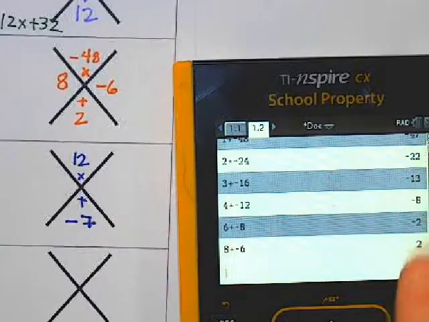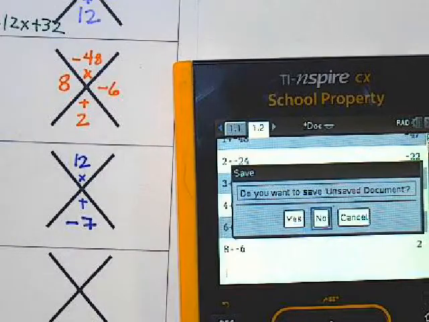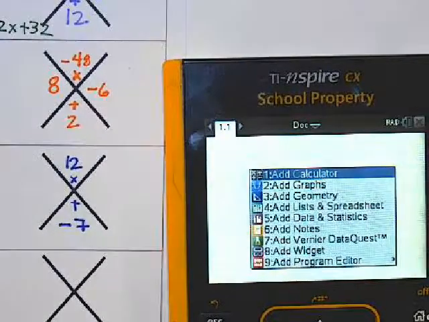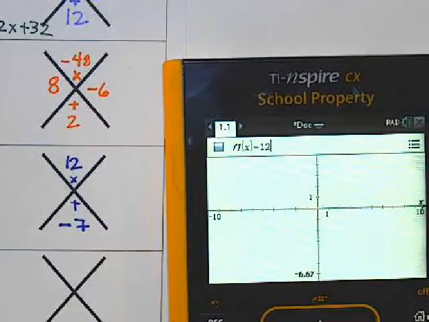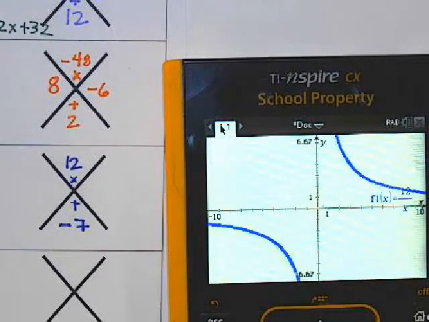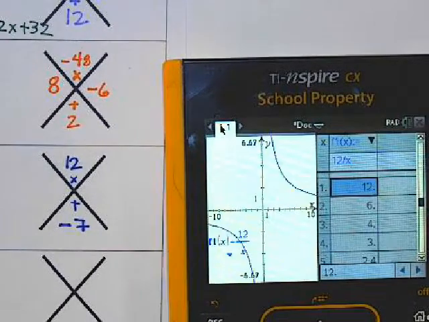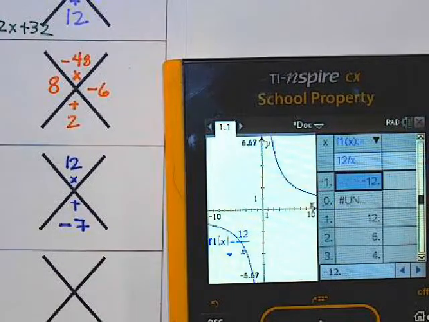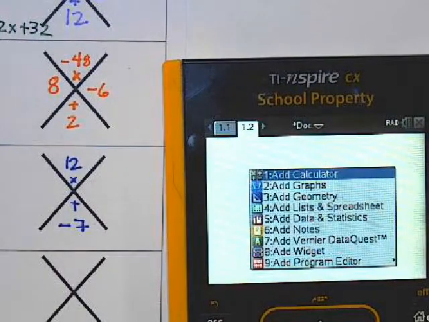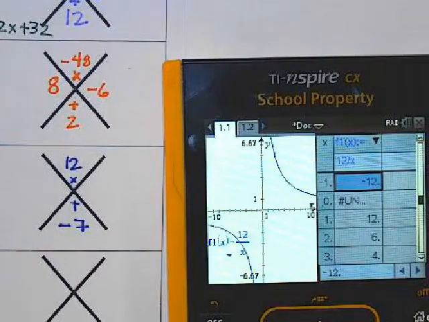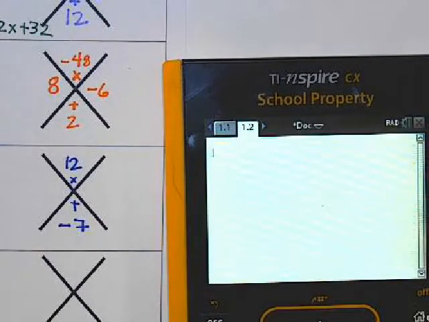Okay, so I'm going to do 12 divided by x in the calculator. Control T. Okay, I need a negative answer, so I'm going to go up to the negatives. Control Doc. So negative 1 and negative 12.